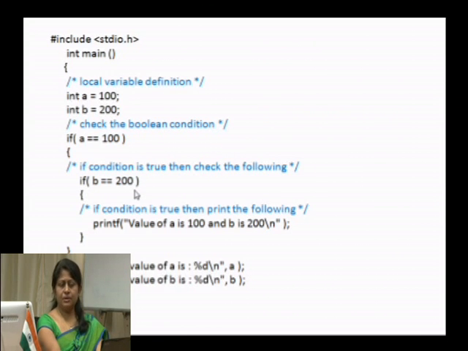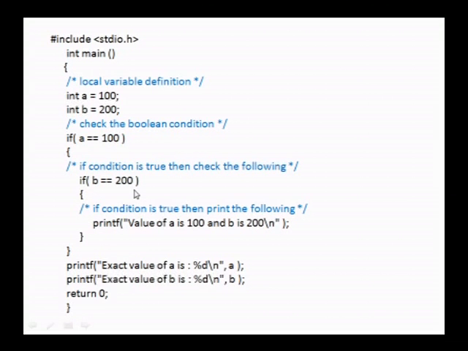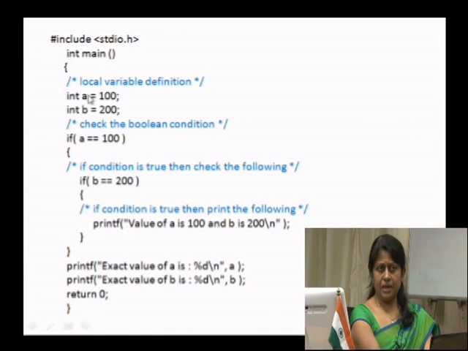An example to illustrate this nested if structure: we have two variables, an integer variable a with value 100 and b with value 200, and we are testing a condition saying that if a is equal to 100, which happens to be true, it gets into the if code.